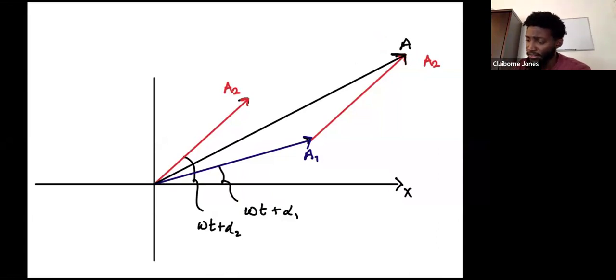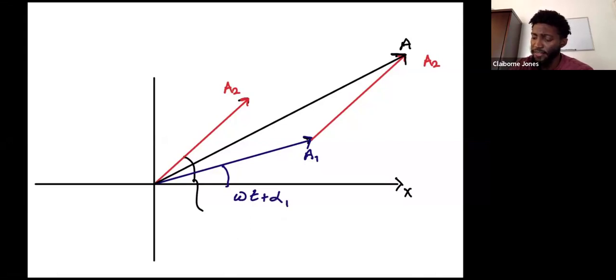Let's come over here. Let's change the colors, right? Let's make some angle omega t plus alpha 1. Feel free to 2 times speed this because I'm just simply representing all the information I've already stated.